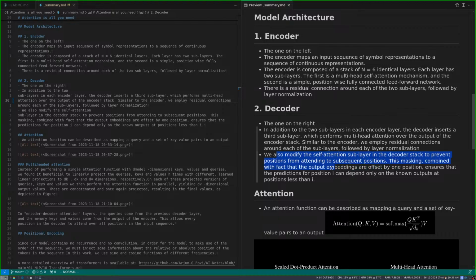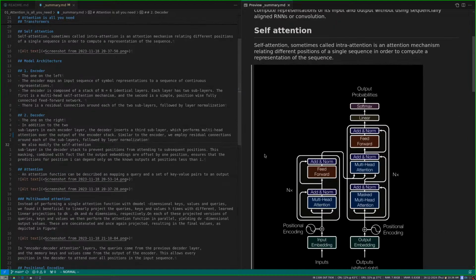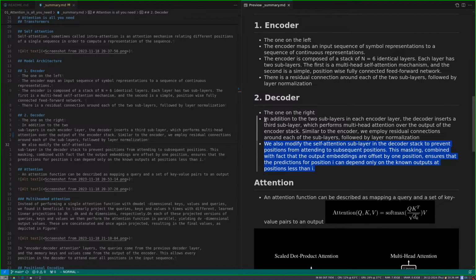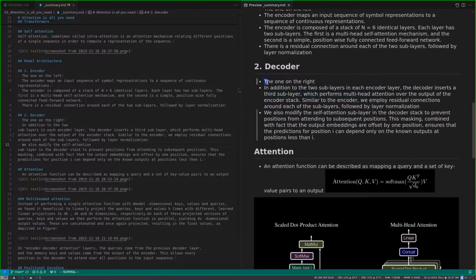The masking, combined with the fact that the output embeddings are offset by one position, ensures that the predictions for position i can depend only on the outputs at positions less than i. Okay, that makes sense.